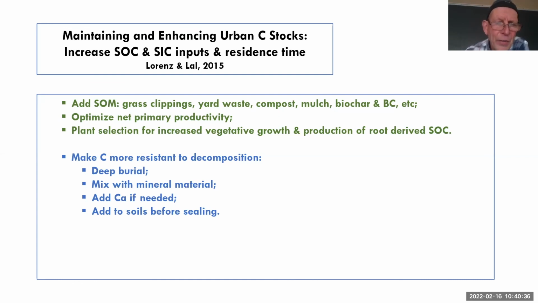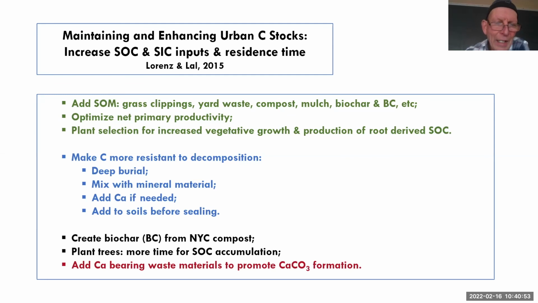Most of the research shows that microbial activity is less in soils underneath the pavement and buildings. So adding carbon to those soils, any added carbon to those soils will be more resistant to decomposition. And creating biochar, since black carbon has a much longer residence time, and New York City has a lot of compost.